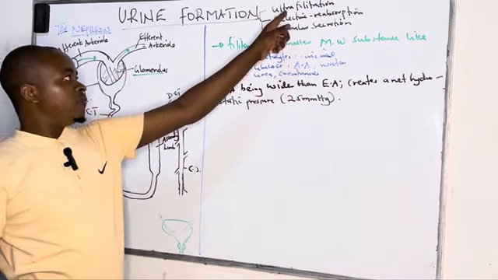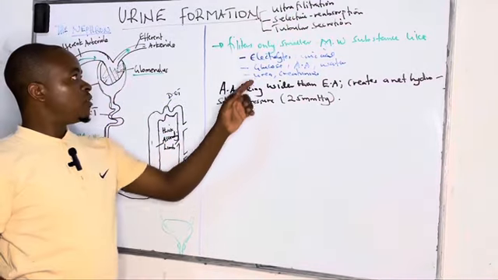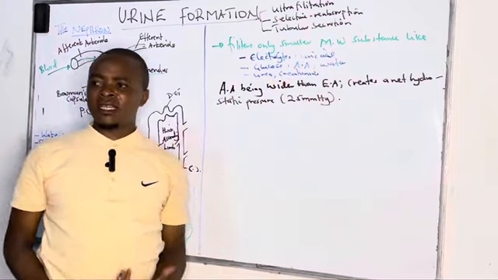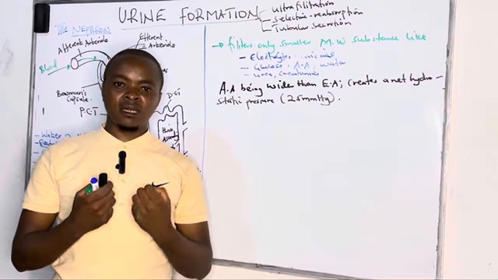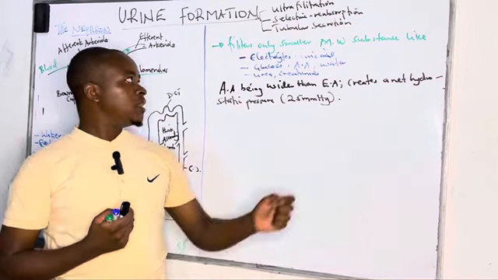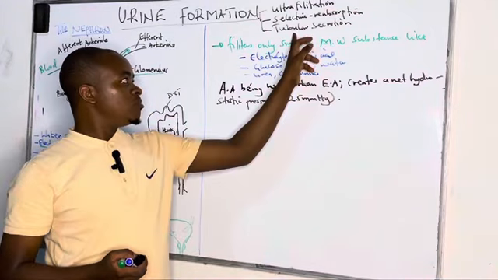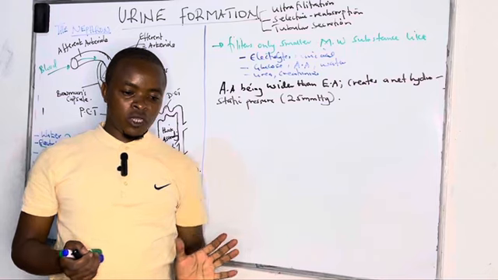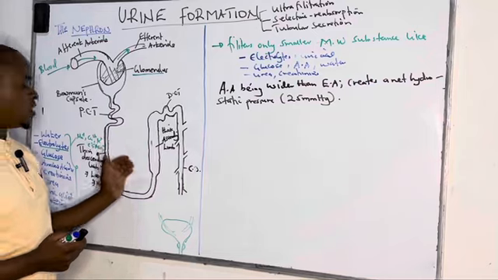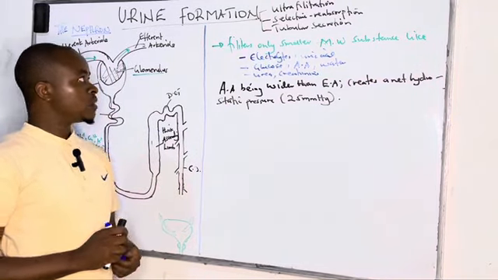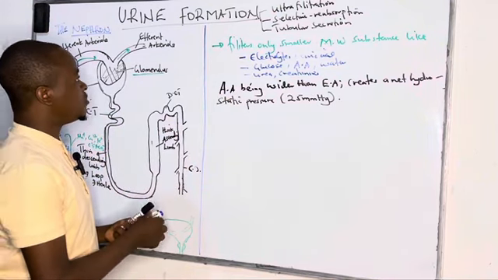The first one is ultrafiltration, or what you can call simple filtration, followed by selective reabsorption. Why selective reabsorption? Because we are reabsorbing substances according to the body's need. Then this is called ultra because it is filtration under pressure. Then tubular secretion, these are substances which are secreted via the tubes. As urine is moving, they join from the surrounding capillaries. So these are the three stages involved in urine formation, and we are beginning with ultrafiltration.